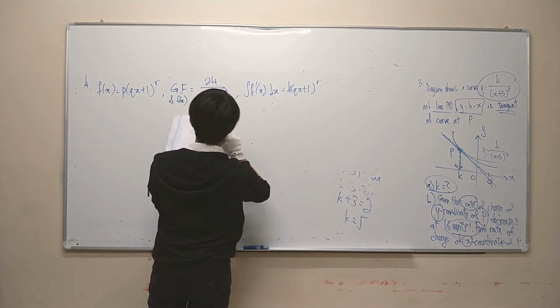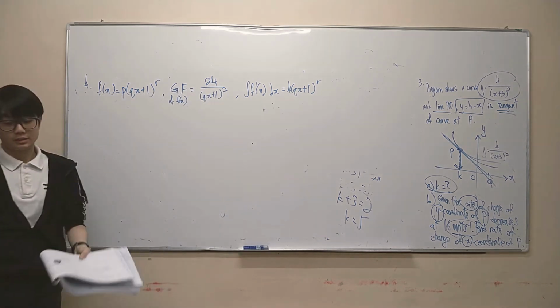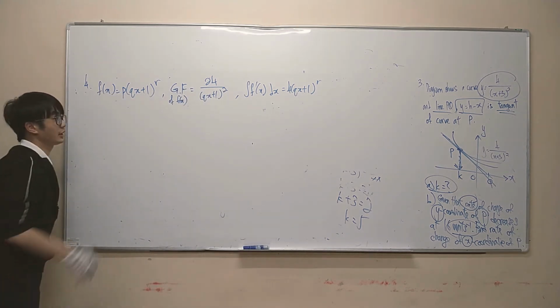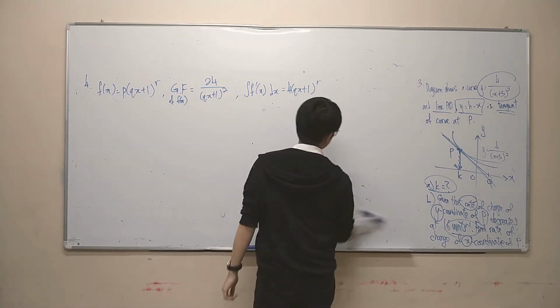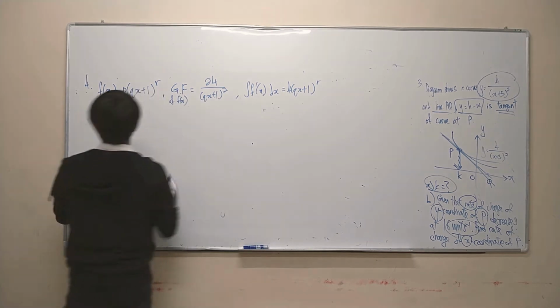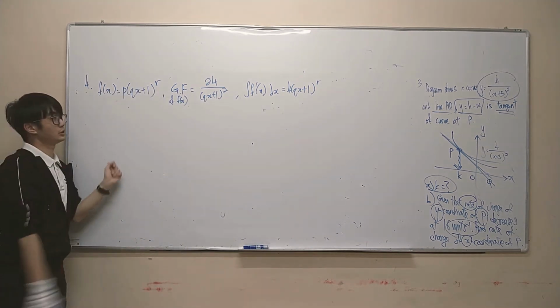Find the value of q where p, q and r are constants. Okay, I will not read the question anymore. If you don't have the paper, you can download it first. You can open the link in the description so you can refer to the question when I do it.